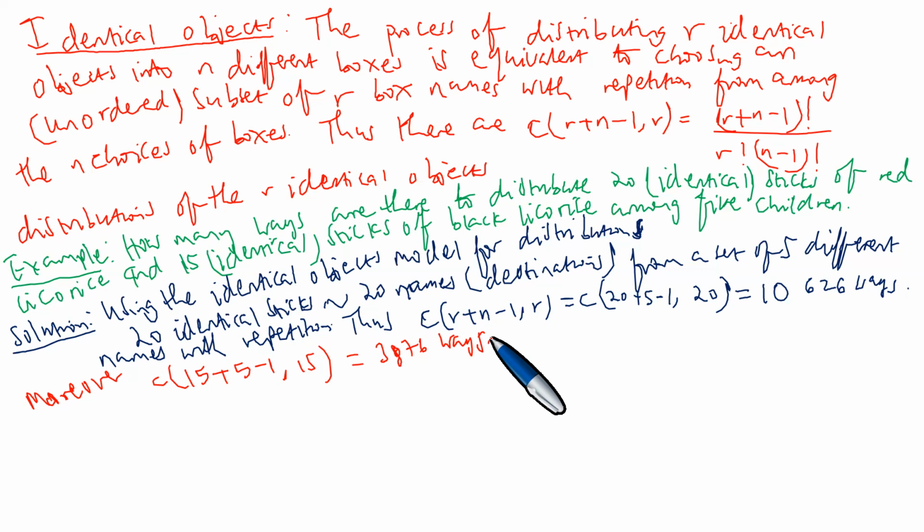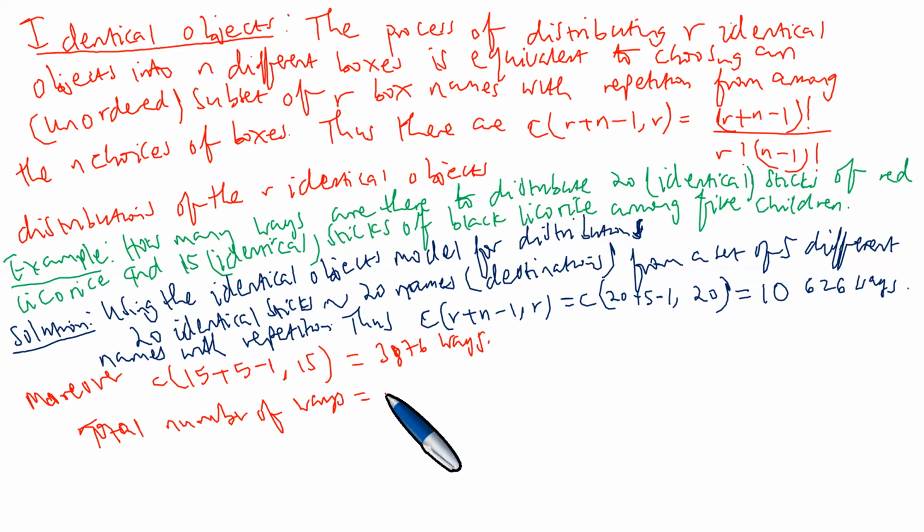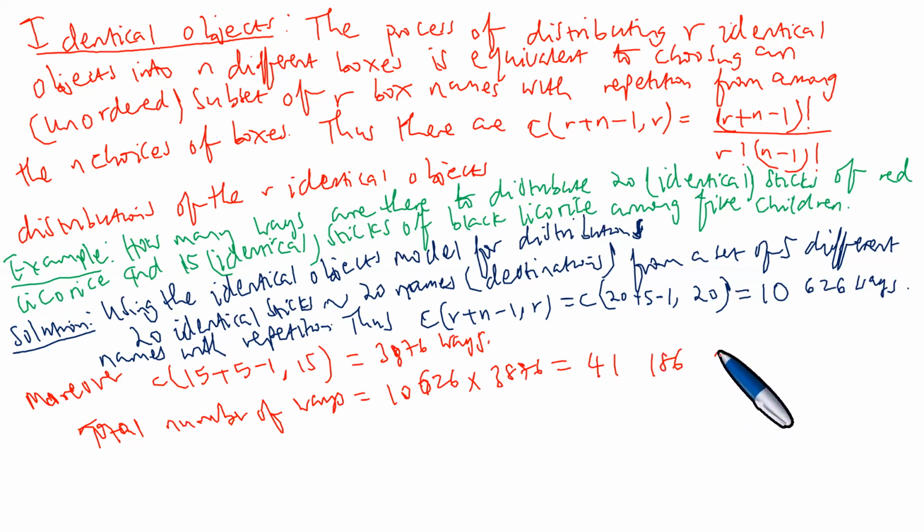So the total number of ways to distribute the red and black equals 10,626 times 3876. And the answer is what? 1,186,376 ways.